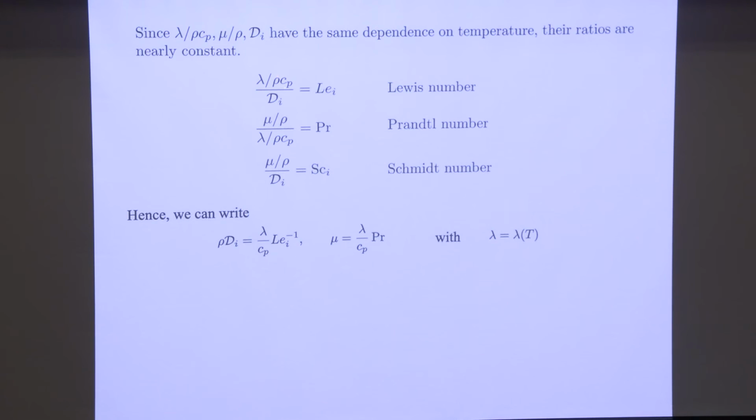The Lewis number is the ratio of the thermal diffusivity to the mass diffusivity. And since this is a constant, it then depends on lambda. The same thing with mu: you can write it in terms of the Prandtl number multiplied by lambda. And so if the Prandtl number is about constant, they all have, so to speak, one temperature dependence.